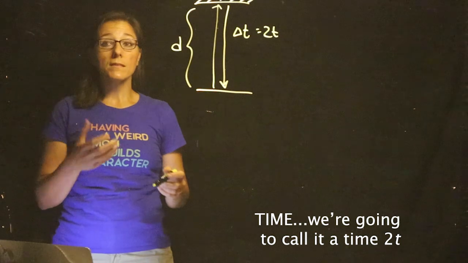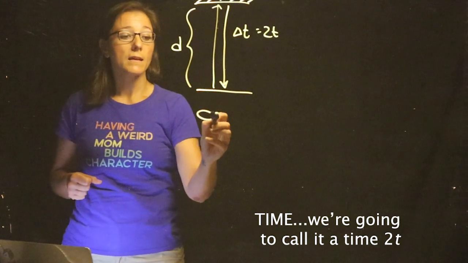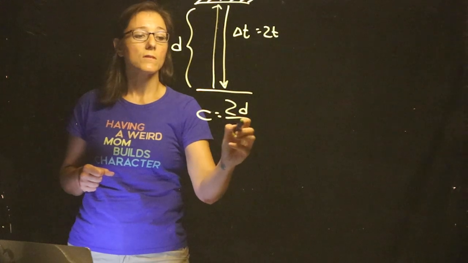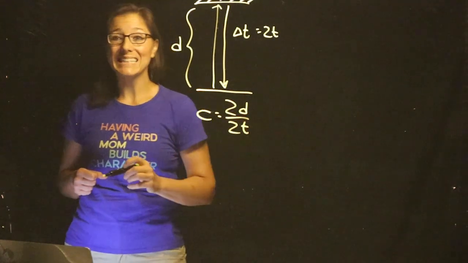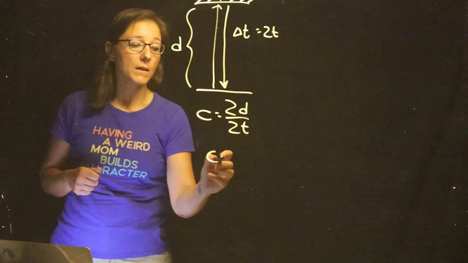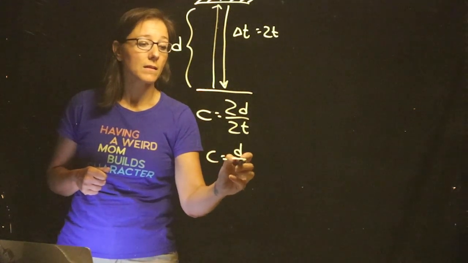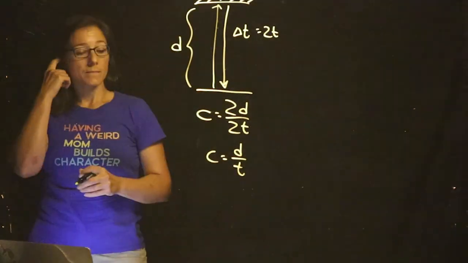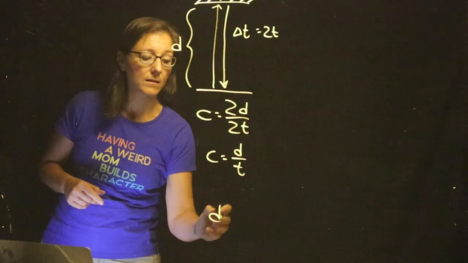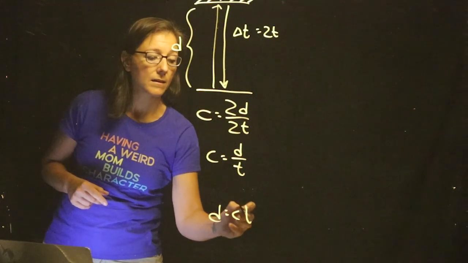So if this light is moving at the speed of light c, and speed is equal to distance over time, and the light travels a distance 2D in a time 2T, meaning that the speed of light is this distance over time. And if I wanted to, then I could say that this distance is cT.